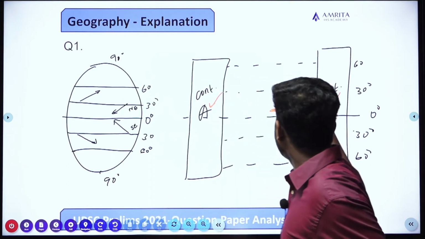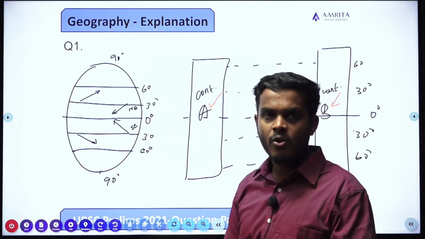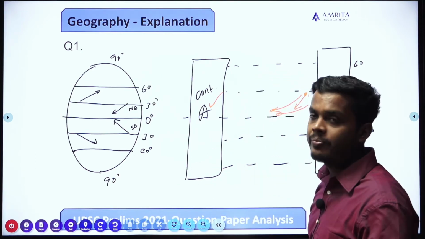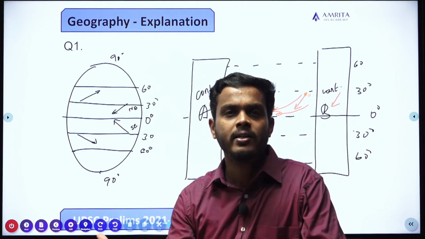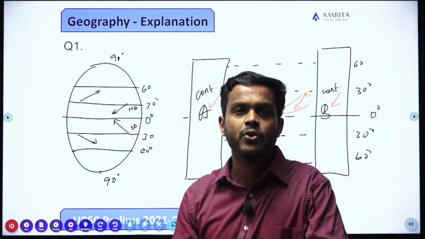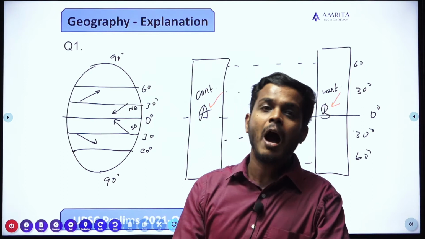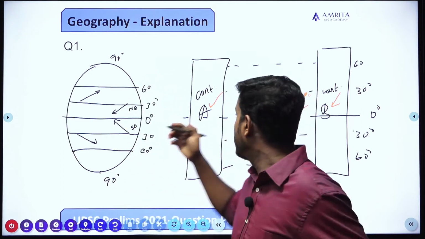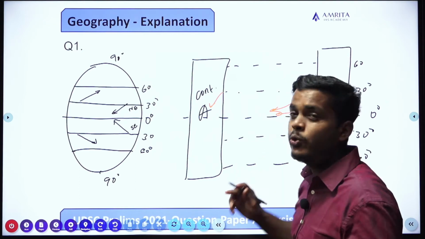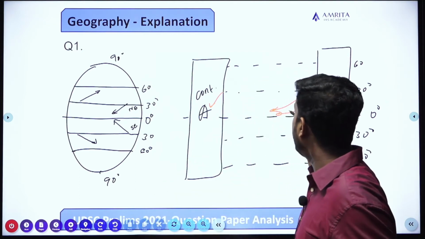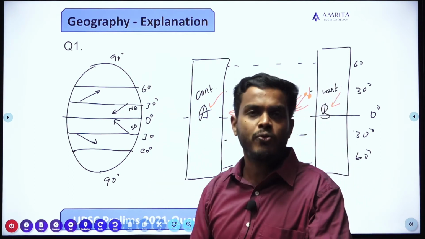When the trade wind pulls the water from this particular area towards the equator, in that area the cold water from the subsurface of the ocean will upwell towards the surface. So we will get cold ocean water in this area due to upwelling, and the pulled-away water from this area will reach the western part of the ocean.